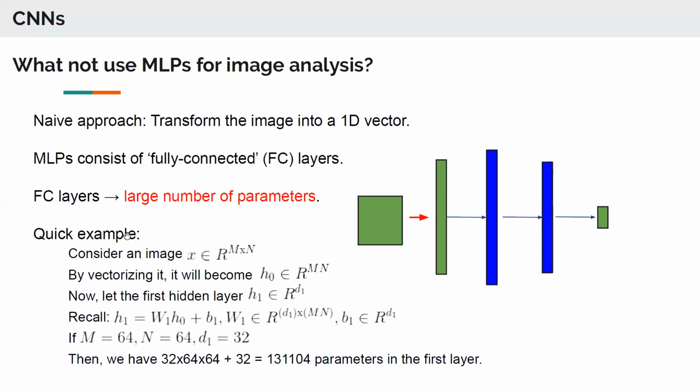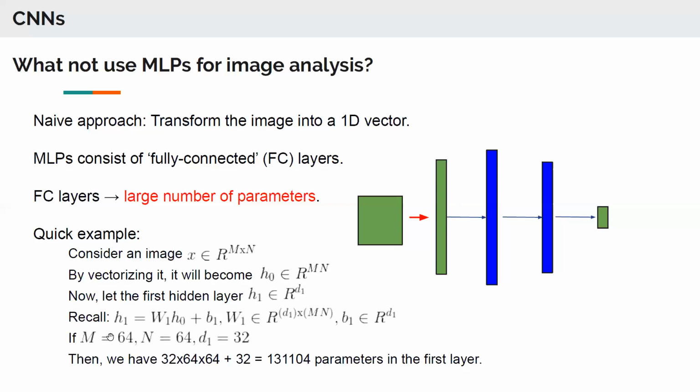Here we have a quick example where we let the image be m by n. Then by vectorizing it, it becomes mn. Let's say this layer contains t1 units. Recall that in our MLP, you have h1 as w1 times h0, where h0 is this vector, plus p1.